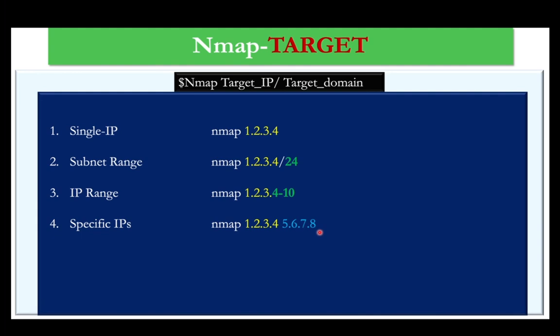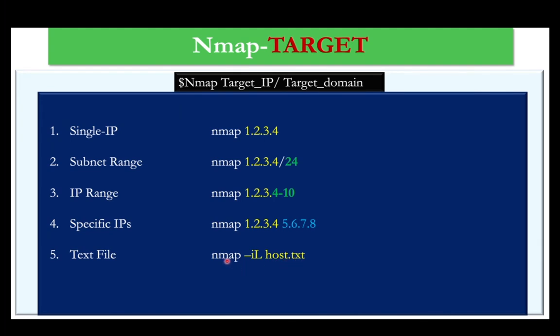If you find the live hosts by using fping, ping sweep, or hping3, then you can scan only the list of live targets which is in the hosts.txt file.